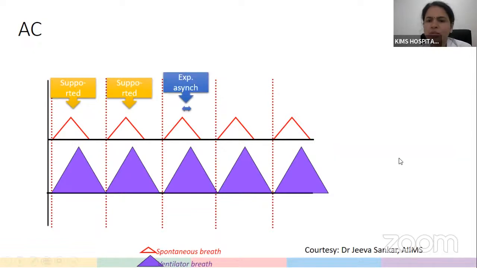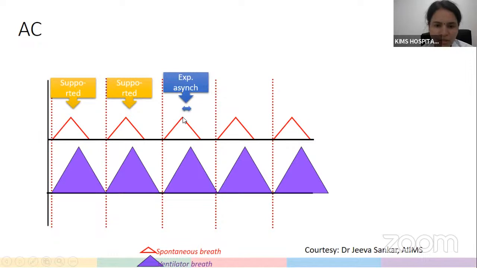Now, what is happening to the synchrony part? So inspiratory part, the baby began inspiration here, the ventilator also began inspiration. So you can see in every breath, the baby's inspiration is synchronized with the ventilator breath's inspiration. So there is complete inspiratory synchrony. However, expiratory asynchrony is still a problem.